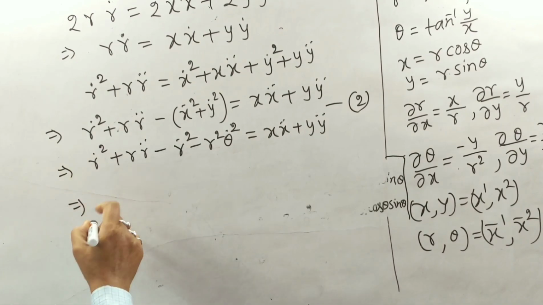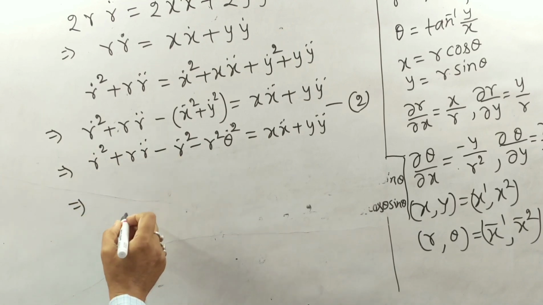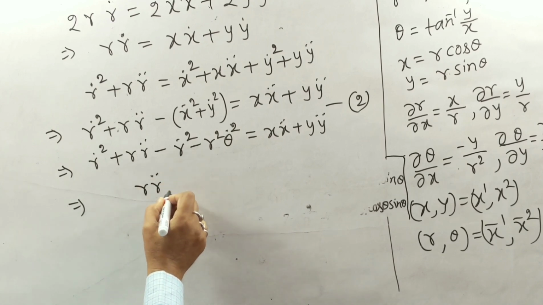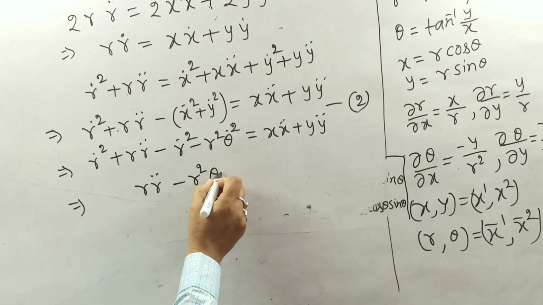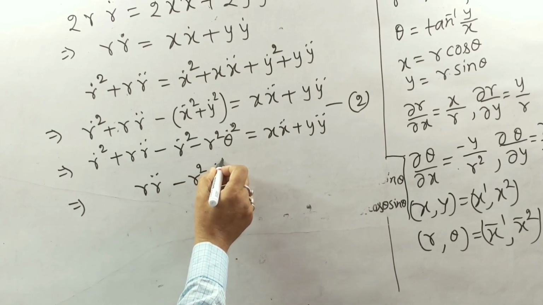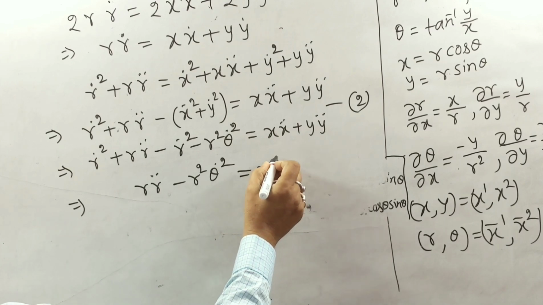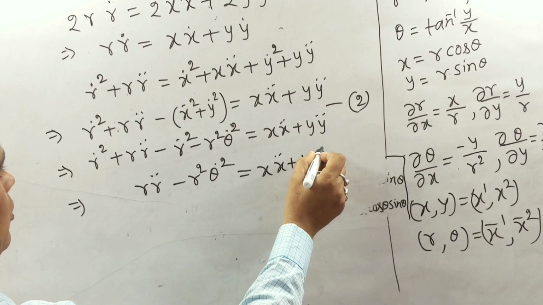This implies that r dot square and r dot square cancel with each other, so minus r square theta dot square equal to x double dot plus y double dot.